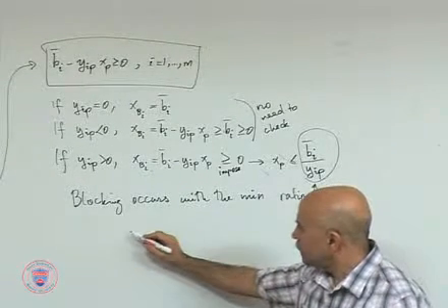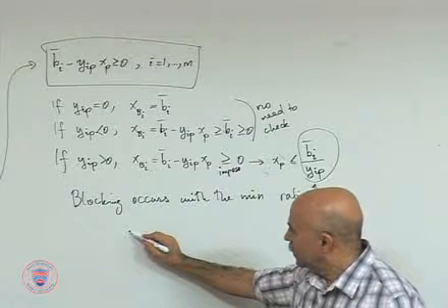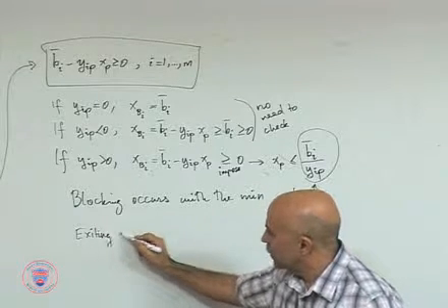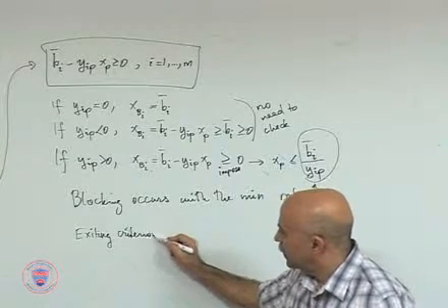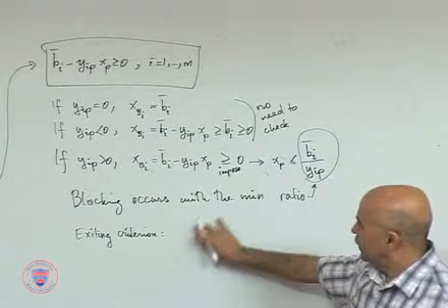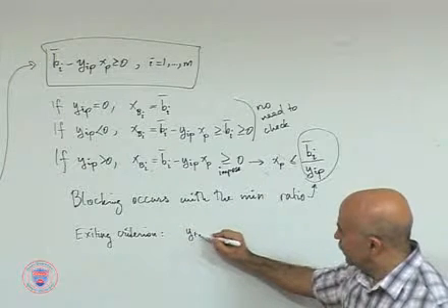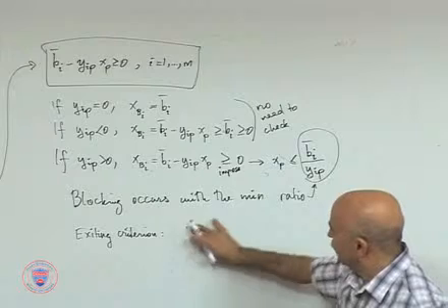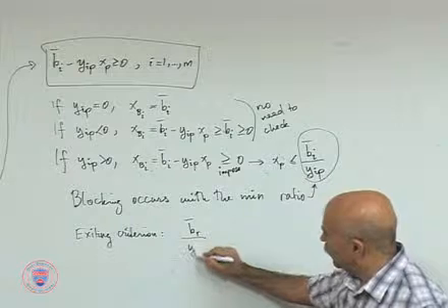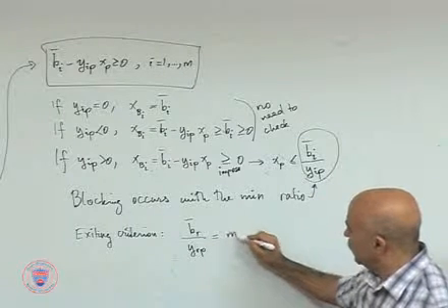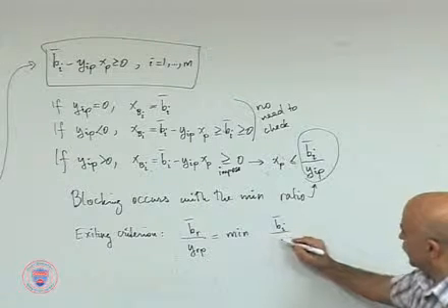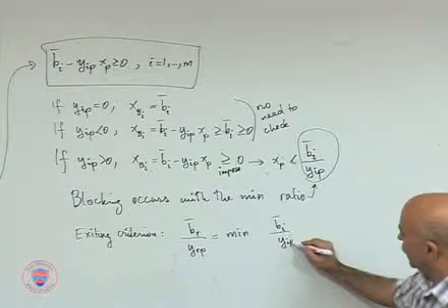So, the exiting criterion is defined by identifying a particular ratio, br divided by yrp, where this one is the minimum of the ratios, bi over yip.